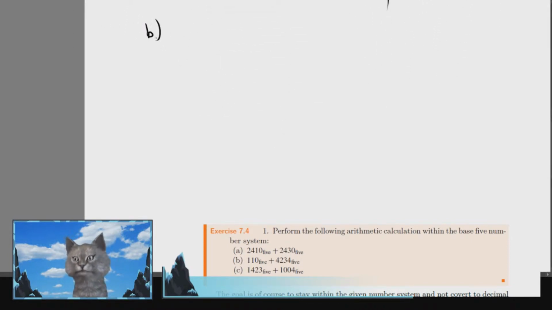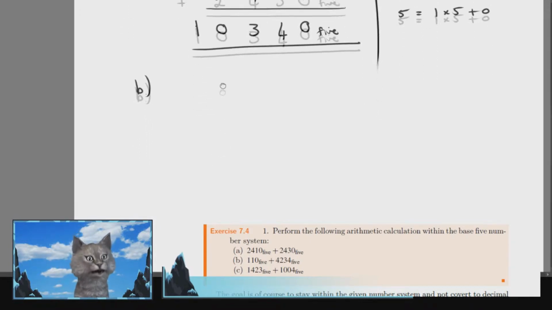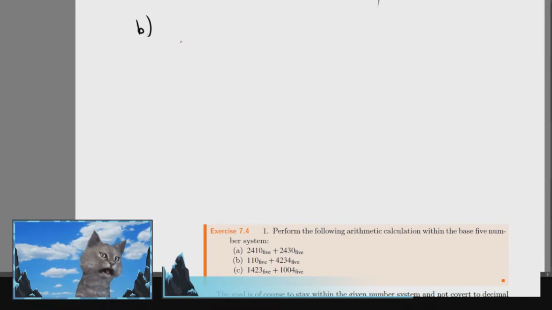Let's see the next one. And remember, you can always pause if you want to look at this further. Next is 110, base 5, plus a 4-digit number, 4, 2, 3, 4, base 5.